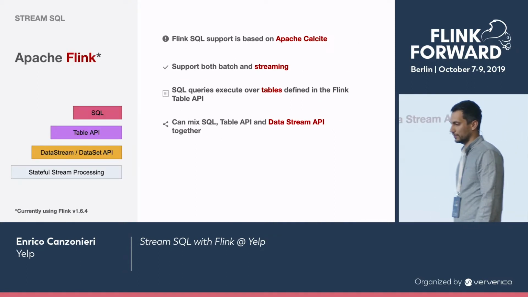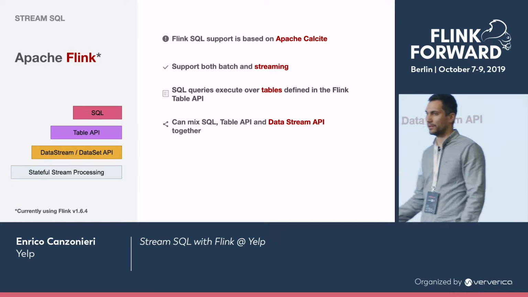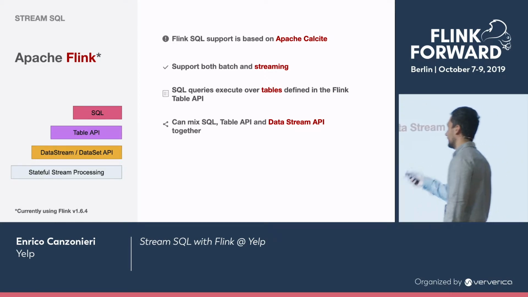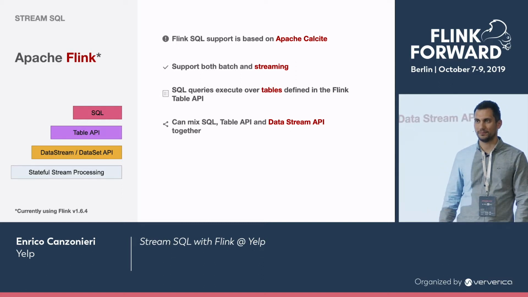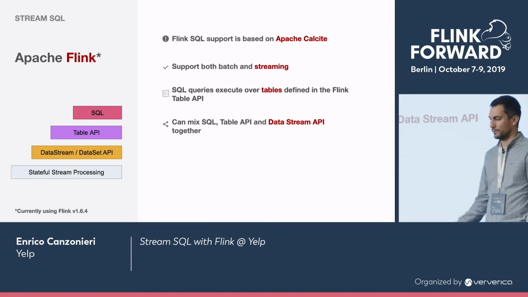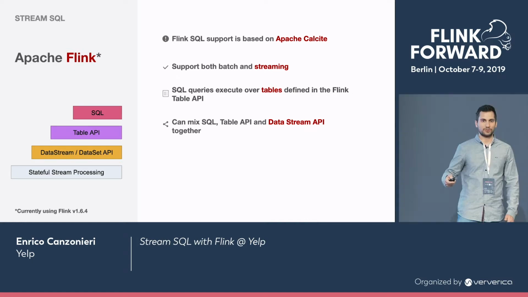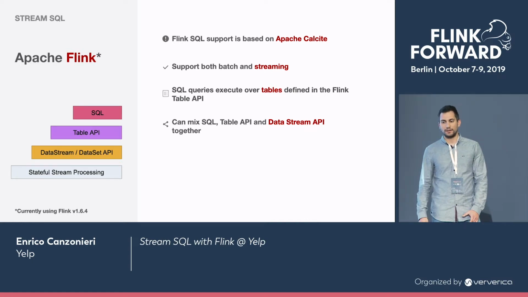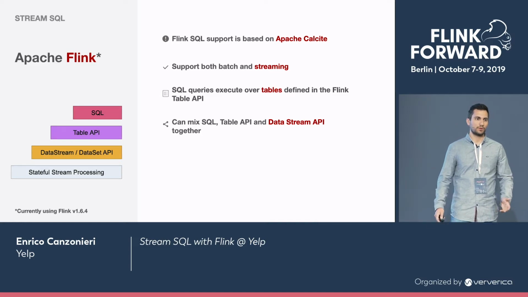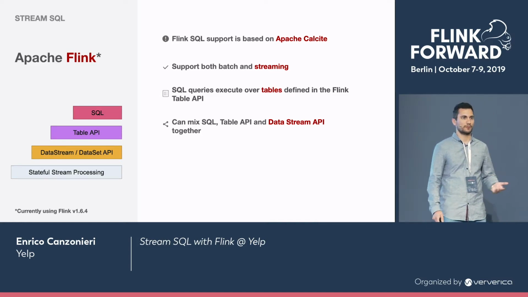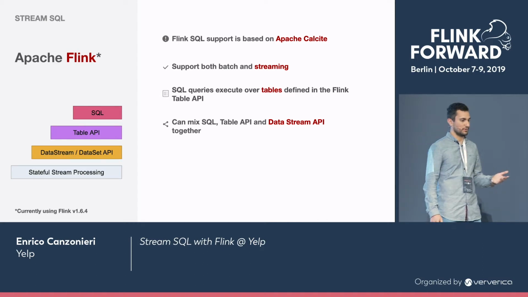So if we focus on the Flink side, the documentation shows the different API abstractions provided by Flink. The highest level abstraction is the SQL. And it's implemented in Flink natively. You get this SQL parser that allows you to define Flink jobs using SQL.